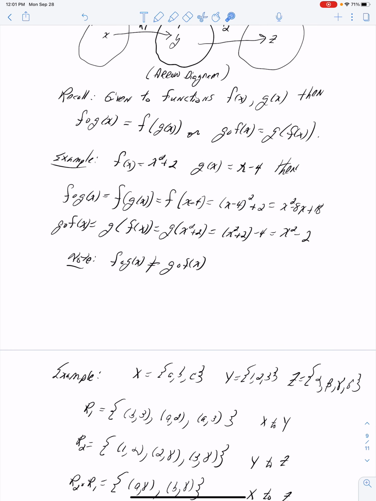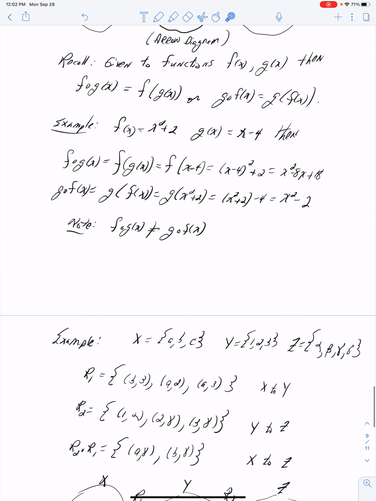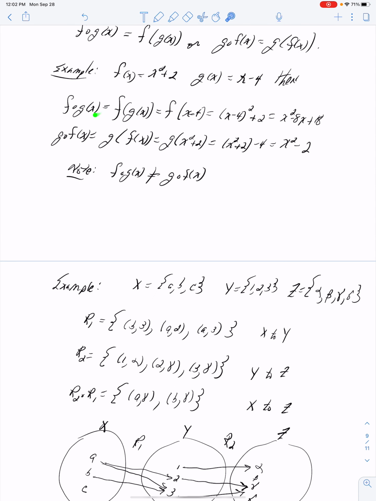You looked at compositions of functions back in algebra, and you should recall that f circle g of x means f of g of x. By the same token, g circle f of x means g of f of x. And so if you think about this, let's give a particular example. Suppose f of x is x squared plus 2, g of x is x minus 4. Then what do I mean by f circle g of x?